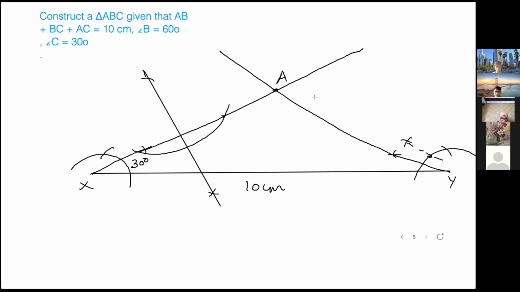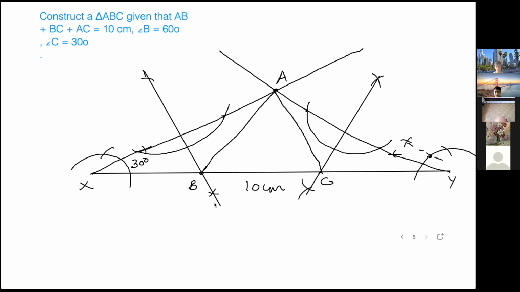Same way, we'll draw the perpendicular bisector of the other side: cut an arc from here, above and below, and now join this. Now these 2 points are B and C. Even if you check it now, it should be 60 degrees, but I may be drawing it wrongly, and because my measurements are wrong, I will not get exact values. This is the method I have shown, so this is the way you have to draw. This is the required triangle ABC.